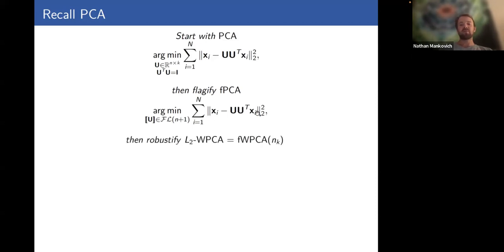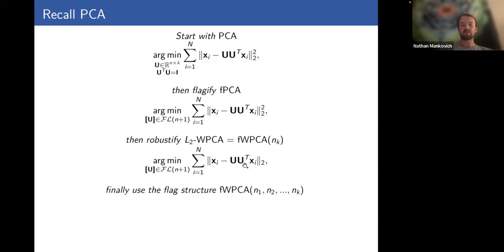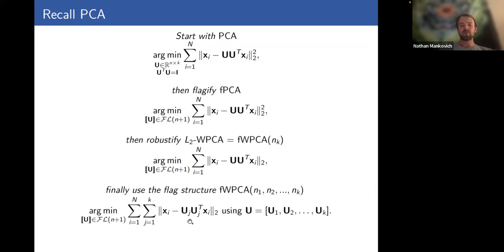And then what we can do is make this robust by removing this square. And then what we can also do is embed the flag type into the optimization problem by breaking up these principal directions into this block matrix structure that represents the flag type.